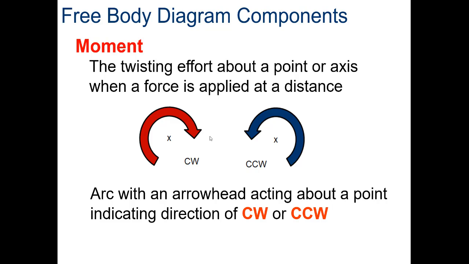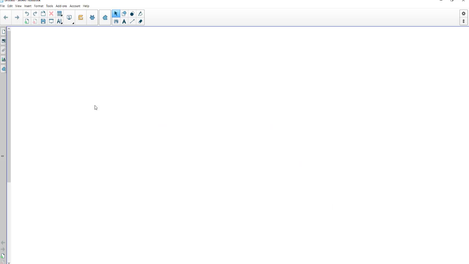Okay, so moment. Moment is the twisting effort about a point or axis when a force is applied at a distance. We've already talked about this this year, and we're going to see this picture again.